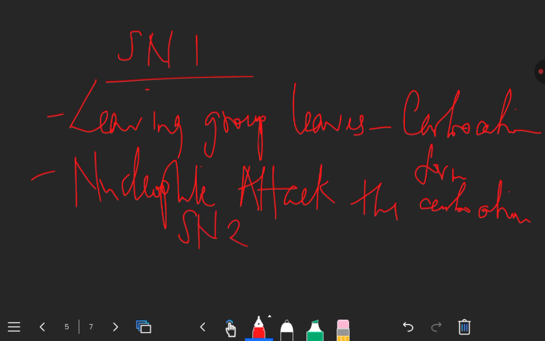But for the SN2 reaction, this is a fast reaction. And why I'm calling it a fast reaction is because a nucleophile attacks from the back while the leaving group leaves simultaneously in one concerted step. So it is just a one step reaction.